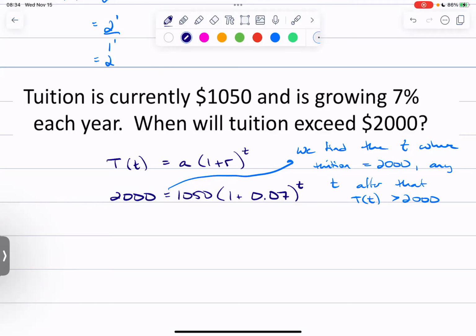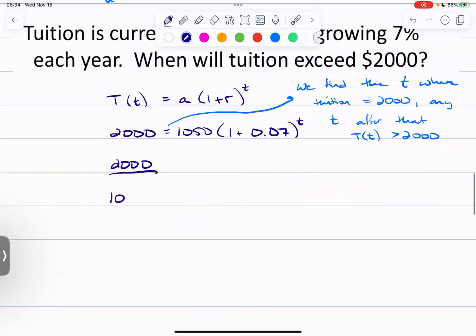So now, what can we do? Well, first thing, I can simplify 1.07, but I'll parking lot that for a little bit. I need to isolate the exponent, and so I need to divide both sides by 1050. So 2000 divided by 1050 is 1.07 to the power of t.